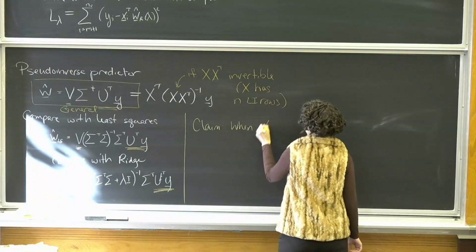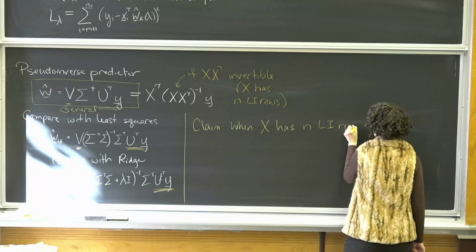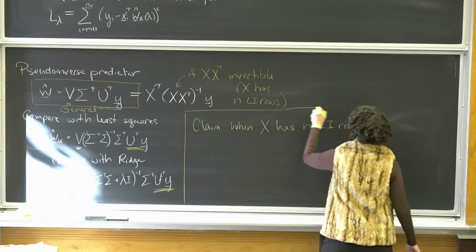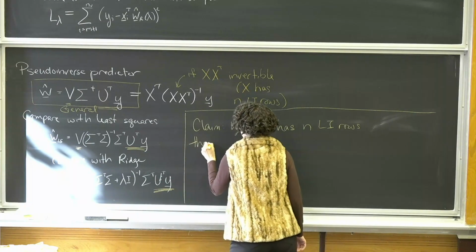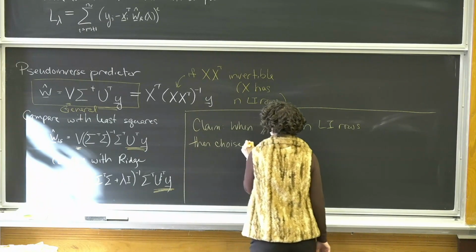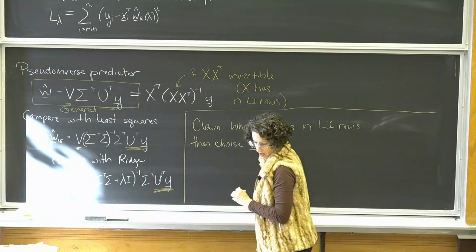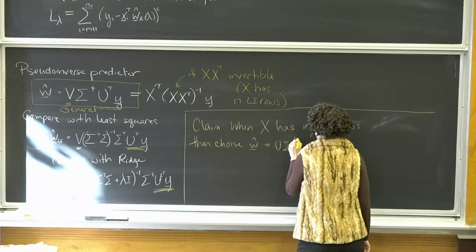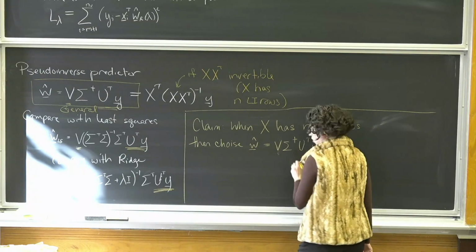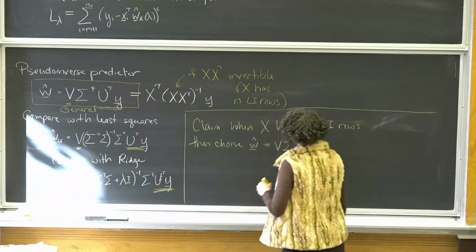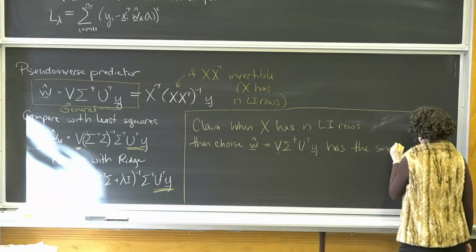So let's consider the case when X has n linearly independent rows. In that setting, the pseudo-inverse predictor, W hat, equaling U sigma pseudo-inverse, V sigma pseudo-inverse U transpose Y, has the smallest norm.